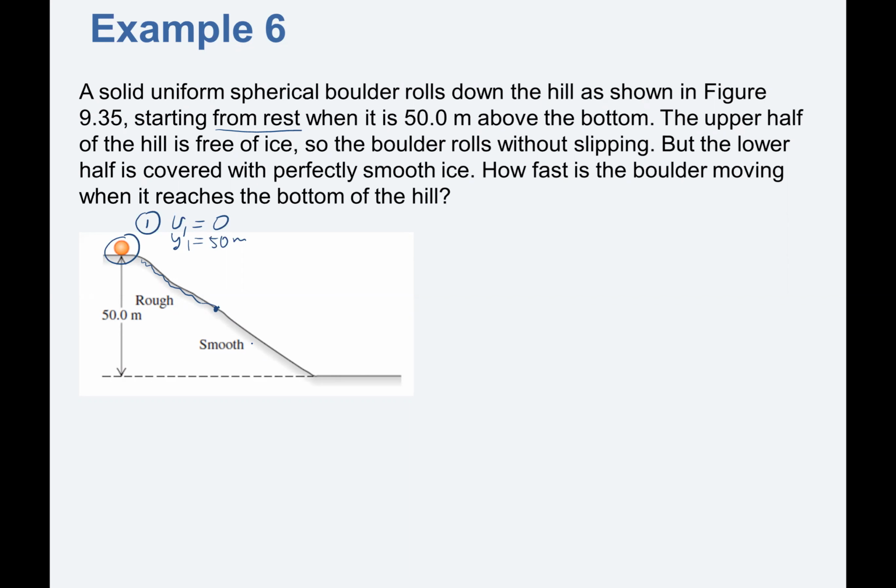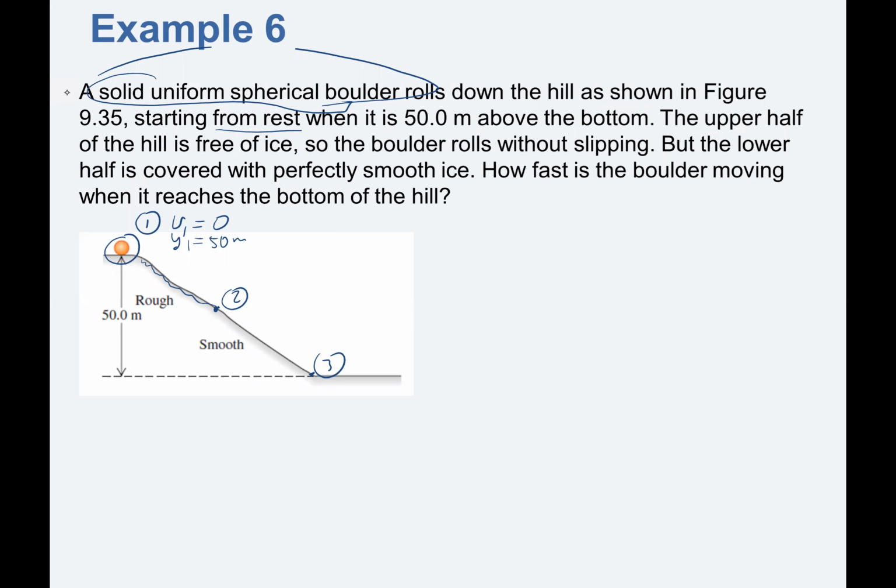Our problem becomes, let's call this point 2, and this is point 3. Going from point 1 to point 2, because there's friction and we have a solid uniform spherical boulder, which has a size, it's going to start rolling.